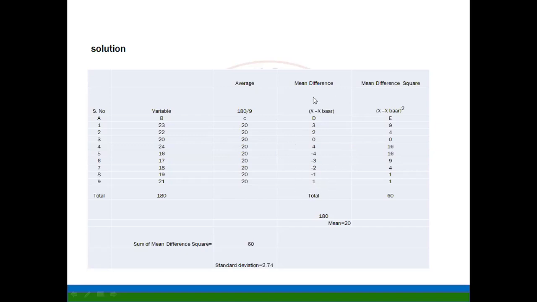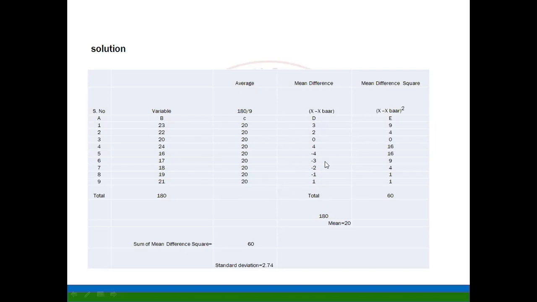Mean difference here is x minus x bar, x is variable and the x bar is 20. So for each variable, we are calculating x minus x bar, like 23 minus 20 is 3, 22 minus 20 is 2, like that for all the 9 values. So 18 minus 20 is minus 2.